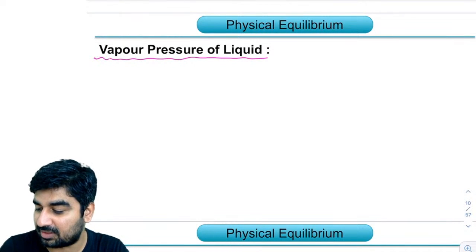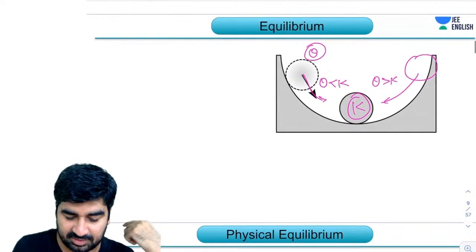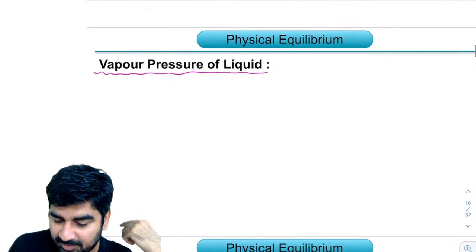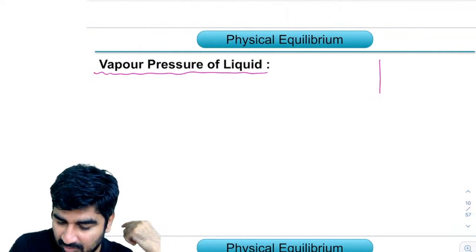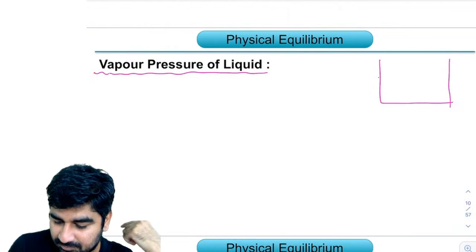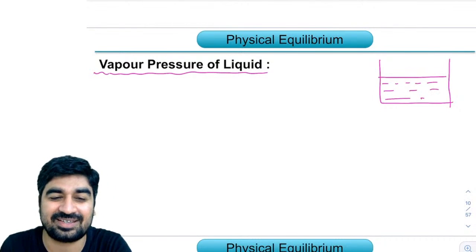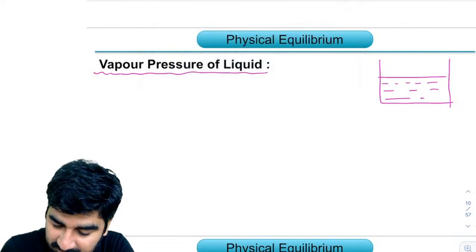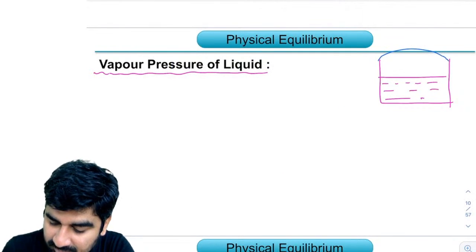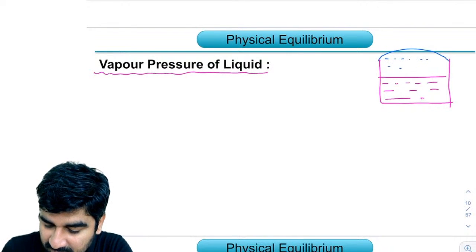Suppose for a physical change I am taking, let me take here, this is water. I'm taking pink color water, and if this is water, these are vapors.